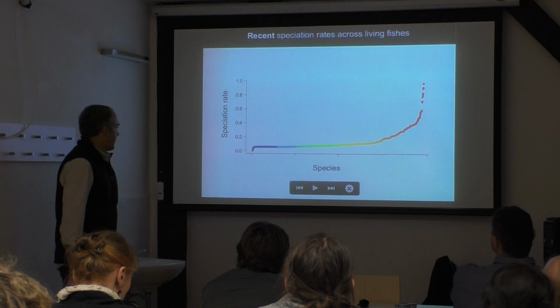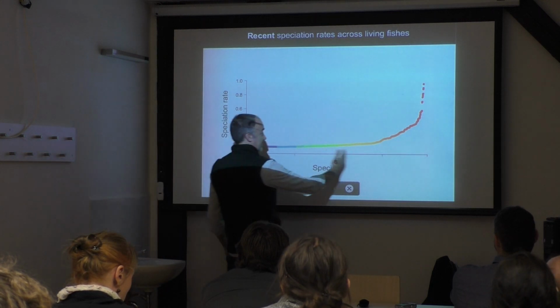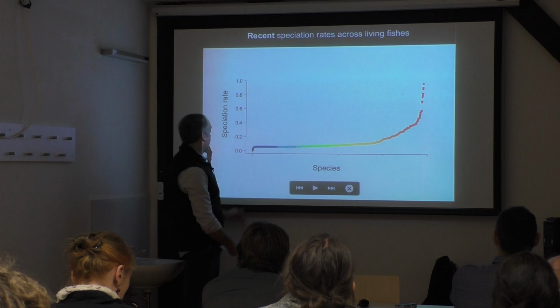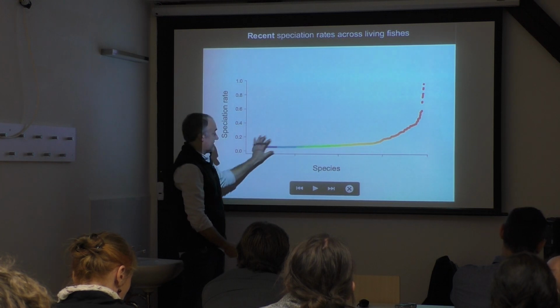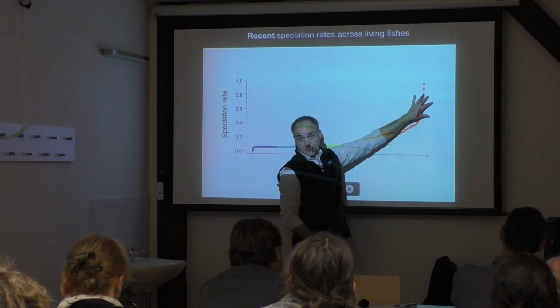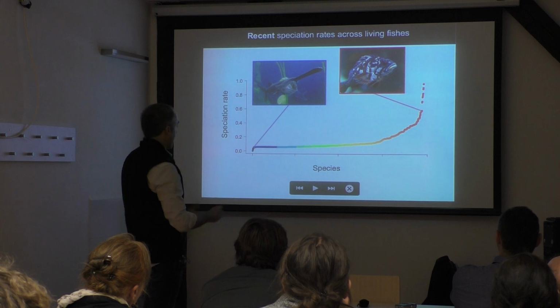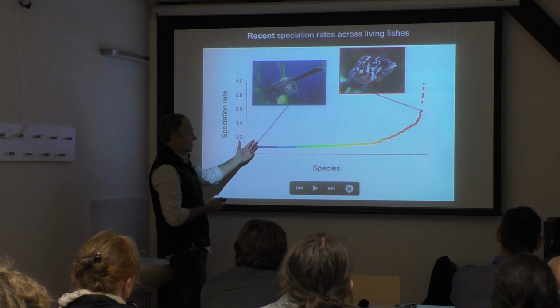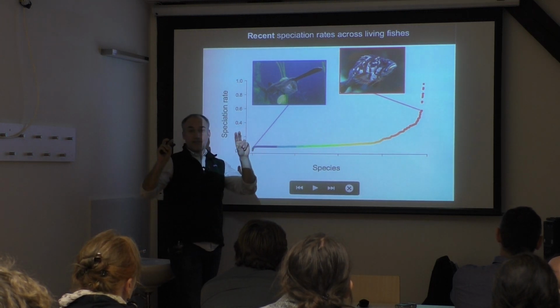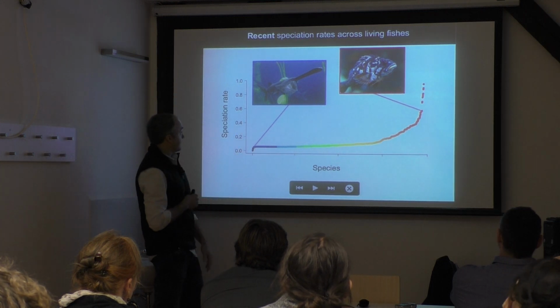This is basically a rank order plot of speciation rates across all the species of fishes in the tree. What you can see is that a lot of species have relatively slow rates of speciation, and then there's a small number of species that have fast rates of speciation. At one end of the spectrum, we have things like paddlefishes, which are sometimes considered living fossils. There's actually only one living species anymore, since the other species went extinct recently.